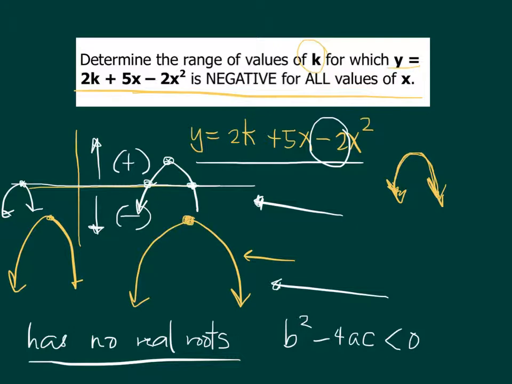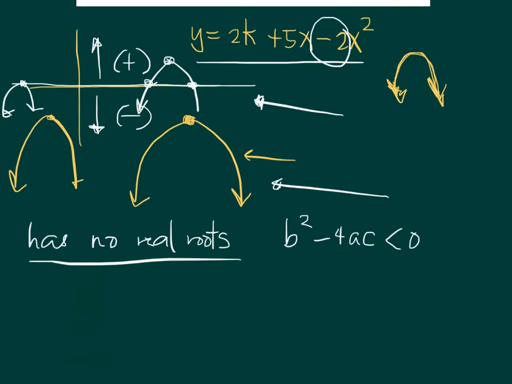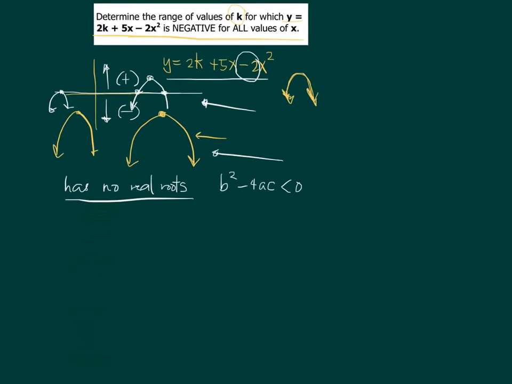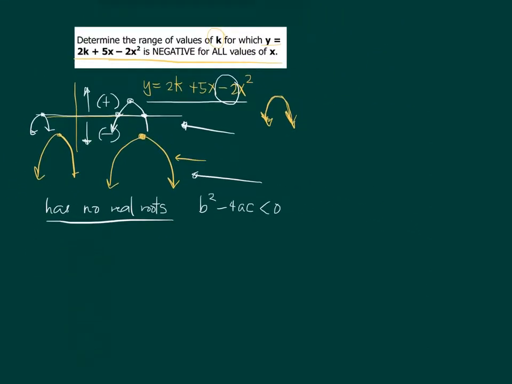Knowing that the graph can only be below the x-axis, it has no real roots, which means b squared minus 4ac should be less than 0. From here, all we have to do is use b squared minus 4ac less than 0. So let's get the equation again. y is equal to 2k plus 5x minus 2x squared.